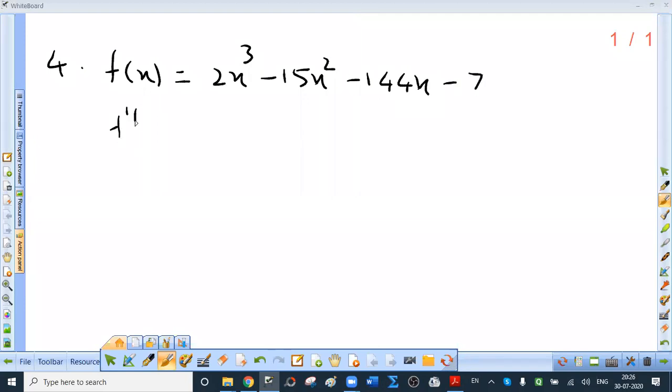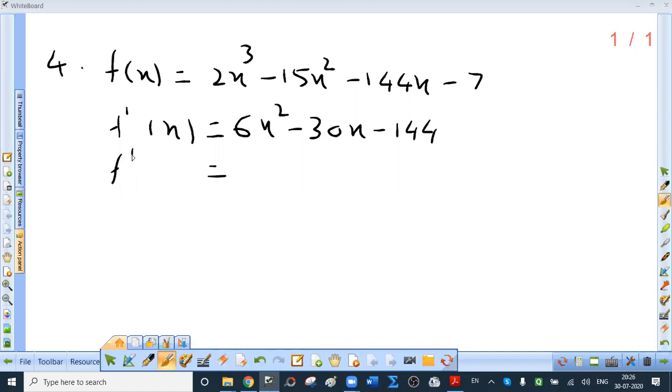Find out f dash of x. This is not difficult. This is 6x square minus 30x minus 144. Now can we take 6 common? Yes, we can. So this is f dash of x.